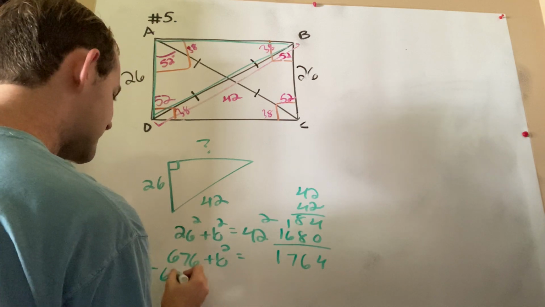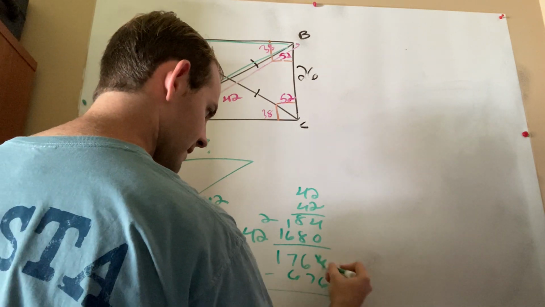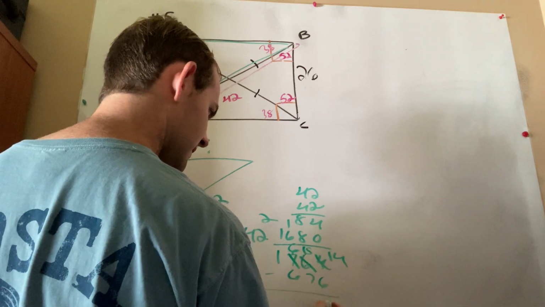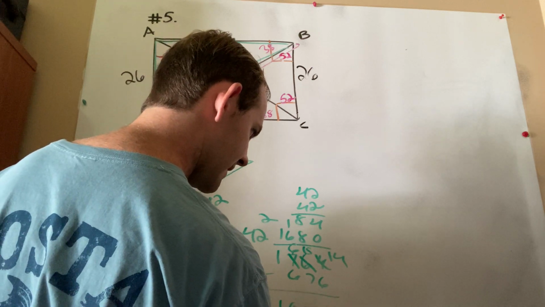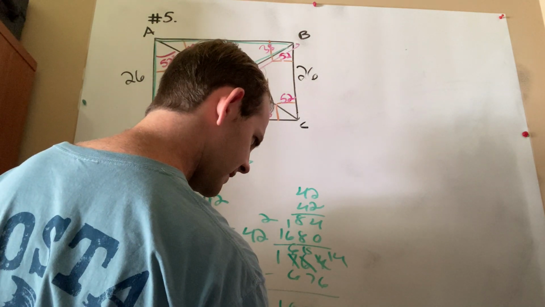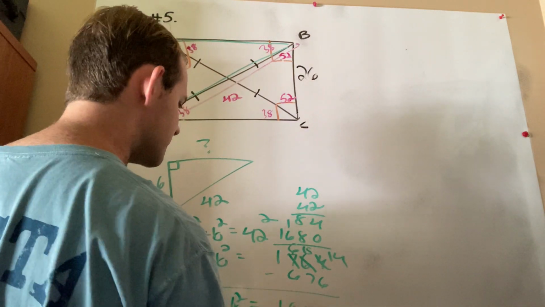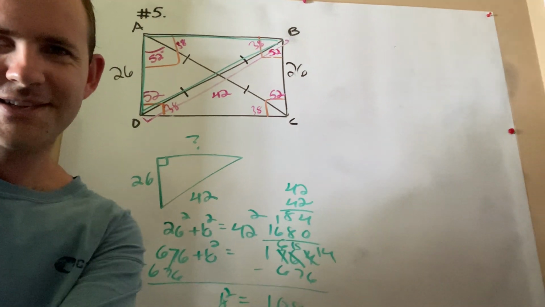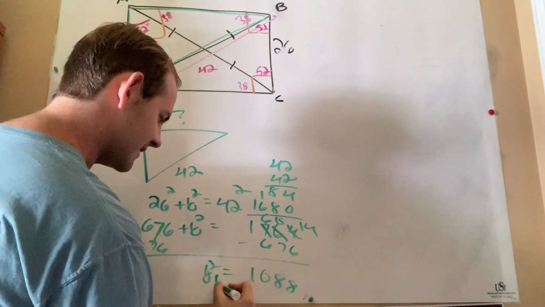Subtract 676 from both sides. So I get 1,088, I think. Is that right? Yeah. So B squared equals 1,088. Sorry about that, guys. To undo a square, I'm just going to take the square root.